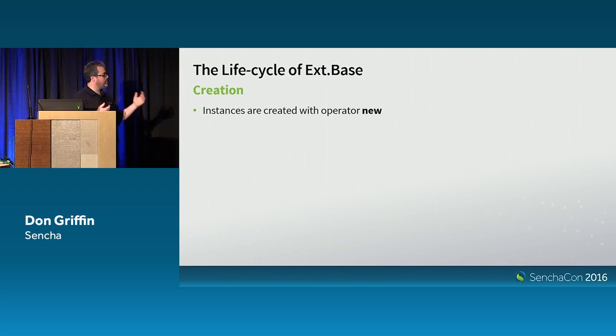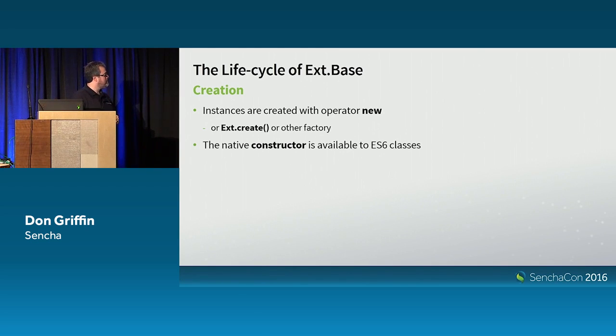So when you create it, obviously we use new. We're not just calling functions and returning instances from them. We do use new, but of course there are factories that do that internally, and they'll return new instances. But the native constructor, if you're writing ES6 classes, you'll be able to extend any class that we've written with define or with the class keyword, and you can use the native constructor. One of the restrictions about the native constructor is before you touch your this pointer in any way, read or write, you have to call the super constructor.